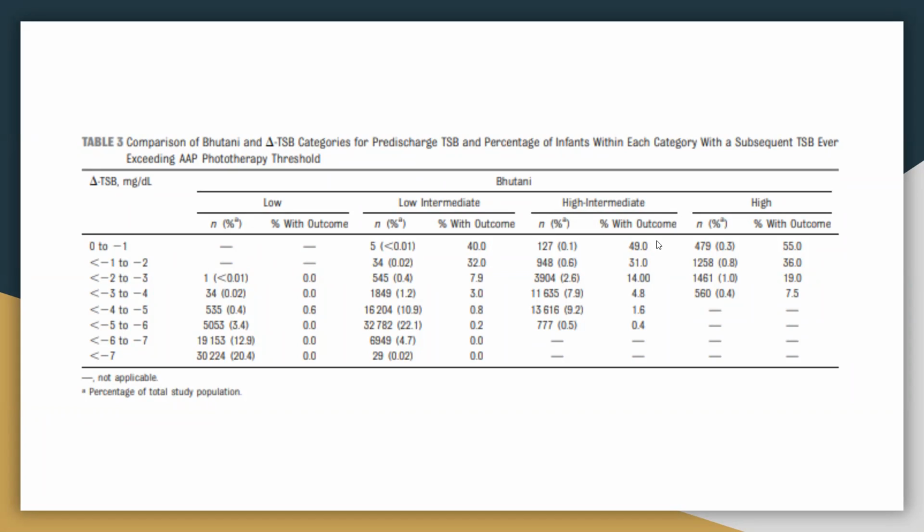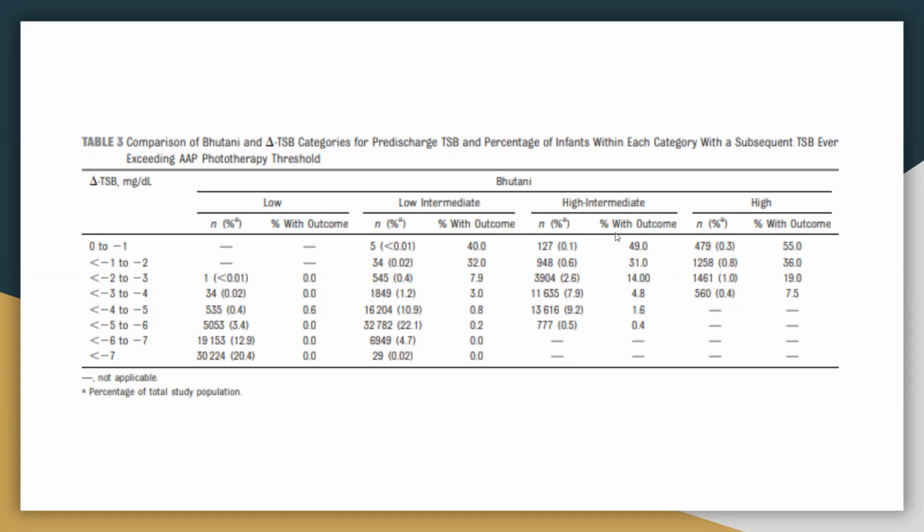requiring them to have follow-up probably within the next 24 to 48 hours, even though only less than 2% or less than 1% would actually end up having an adverse outcome requiring phototherapy.